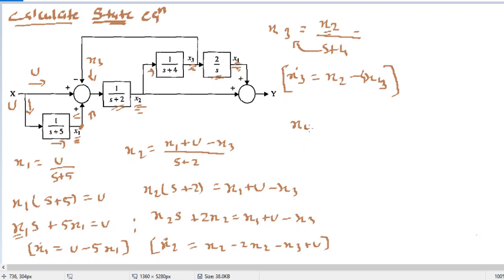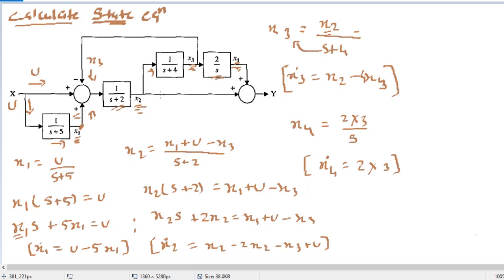So x4 becomes 2x3 divided by s. Now it becomes a differential equation, so we can take the differential equation of x4 as x4 dot equals 2x3. Now we have all the equations with their solutions.